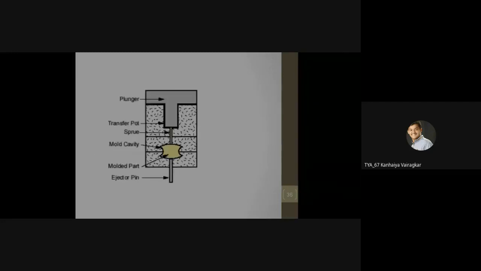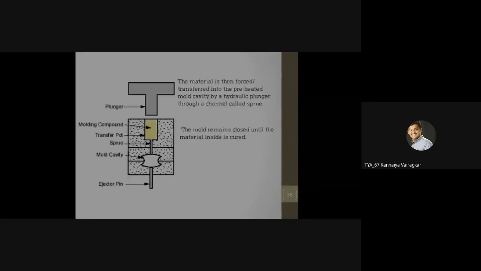In the second figure, this yellow colored compound, previously in the transfer pot, now when you push the plunger, mostly with a hydraulic plunger or ram, this material is transferred from the transfer pot to the sprue, and from the sprue to the cavity. So it travels from transfer pot, sprue, and then mold cavity. Simple thing. Get the idea.